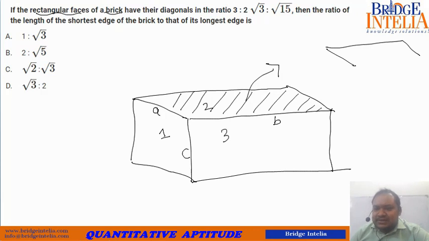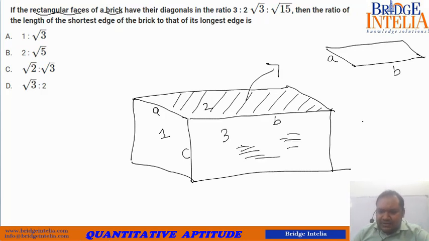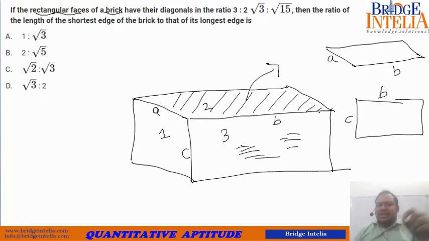If you concentrate only on the surface, the surface is nothing but a rectangle having dimensions A and B. Similarly, if you concentrate on this surface, this again is a rectangle, isn't it? This is a rectangle.